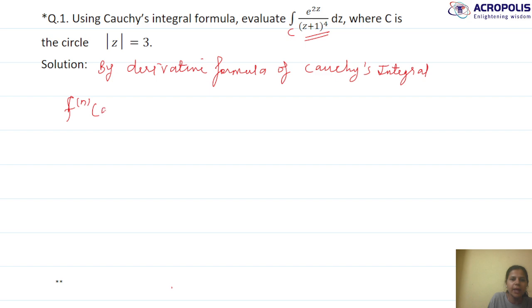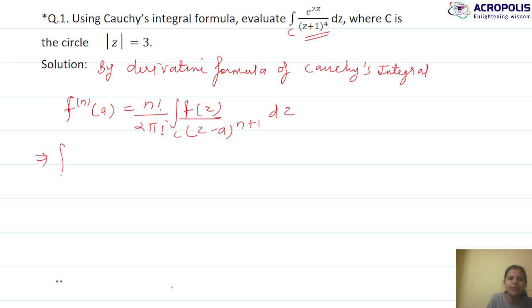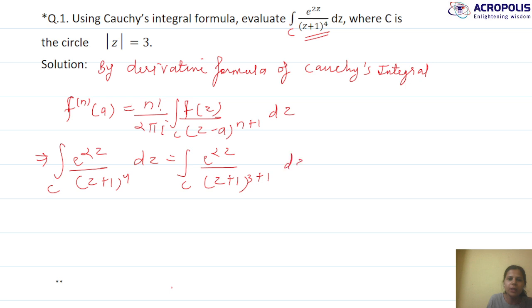f to the power n of a equals n factorial upon 2 pi iota, integration along C of f of z upon z minus a to the power n plus 1 dz. Our integral is e to the power 2z upon z plus 1 to the power 4 dz, so we can write it as e to the power 2z upon z plus 1 to the power 3 plus 1 dz.